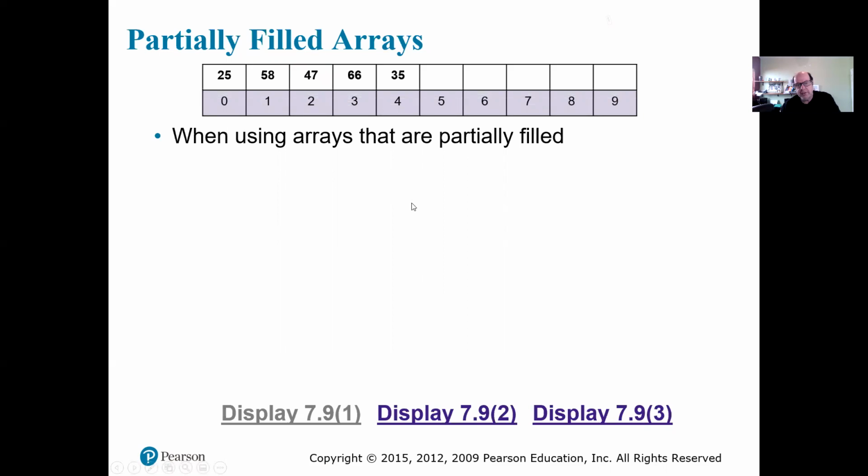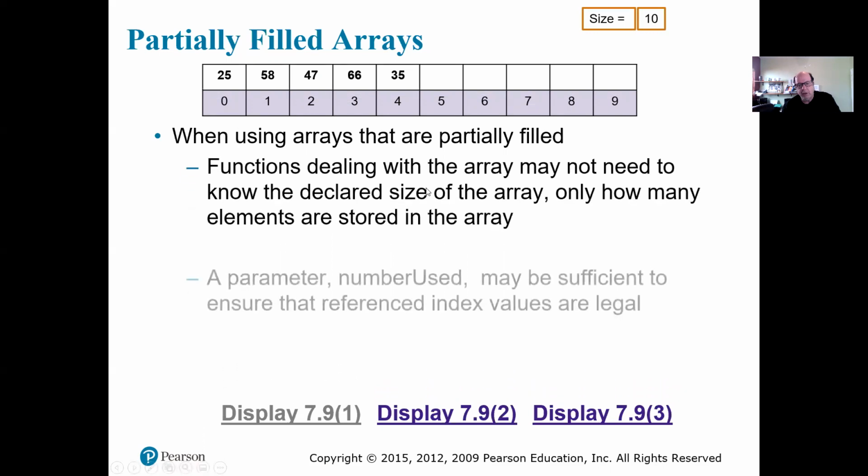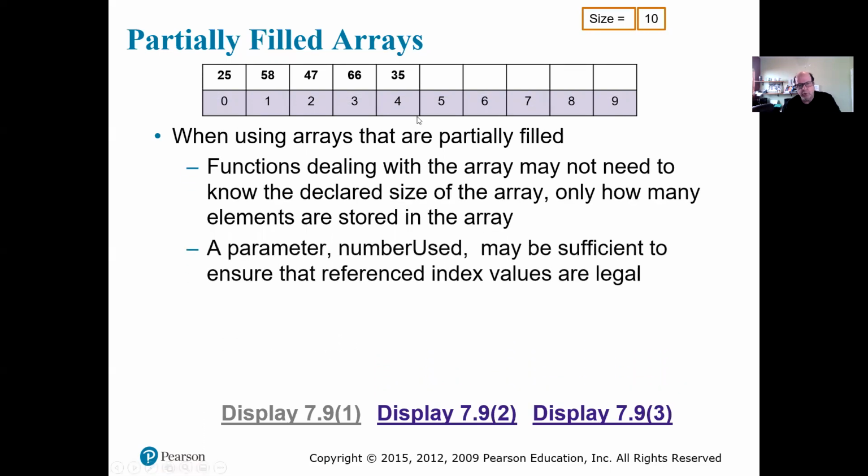In this case, I have an array of what size? What do you think is the size of my array? With array indexes 0 to 9, the size is going to be 10. And then how many of them have I used? If my last index is 4, the number used, or whatever we want to call it, is going to be 5 in this case.